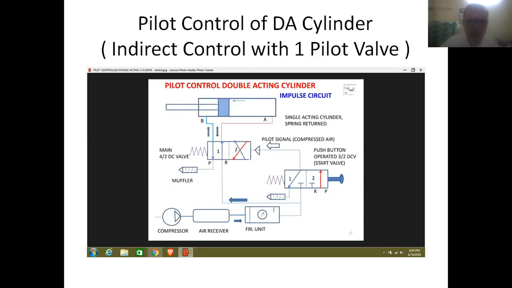Secondly, friends, the inlet of the DC valve is connected to the pipeline that is coming from the compressor. And the first outlet, as usual, is fitted to the first port of the cylinder. And the second outlet is fitted to the second port of the cylinder.